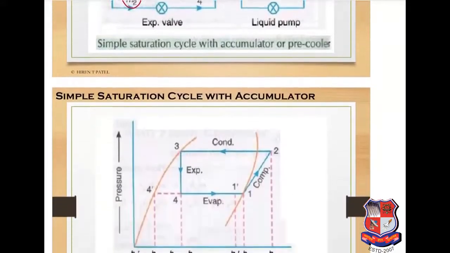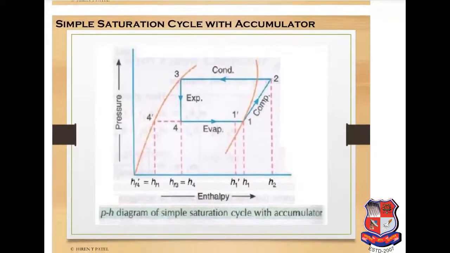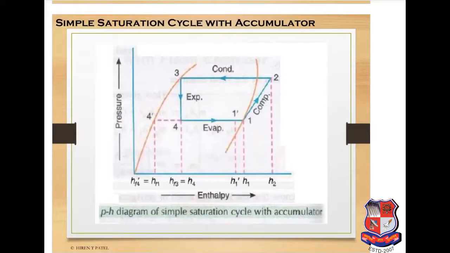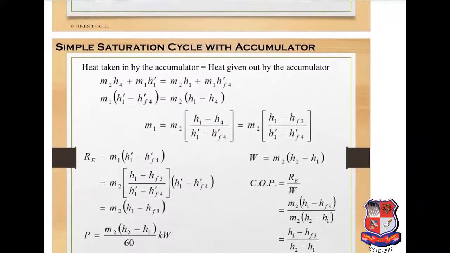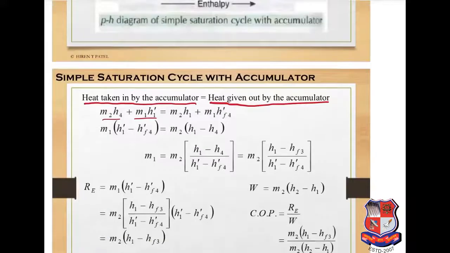Now here again the p-h chart is nearly the same as a simple VCR cycle. So heat taken by the accumulator and heat given out by the accumulator. So heat balance, so M2H4 plus M1H1 dash.